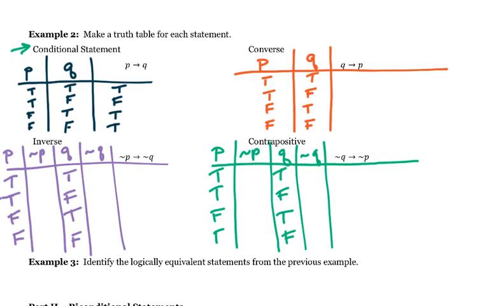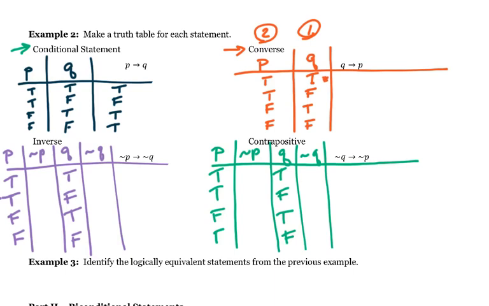So now we're going to look at what's called the converse. The converse is when you switch them. Before it was if P then Q. Now we have if Q then P. I still wrote my statements in the order of P and Q, but now I'm looking at them backwards. I'm looking at this one first and this one second. So I'm starting with true, and I'm going to put a little star here.